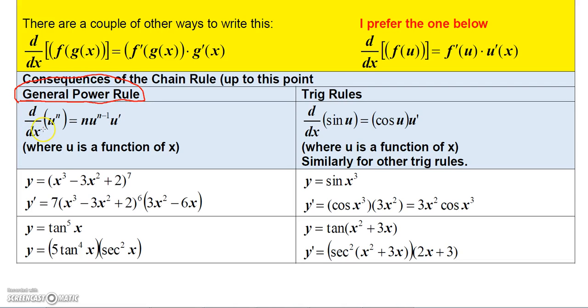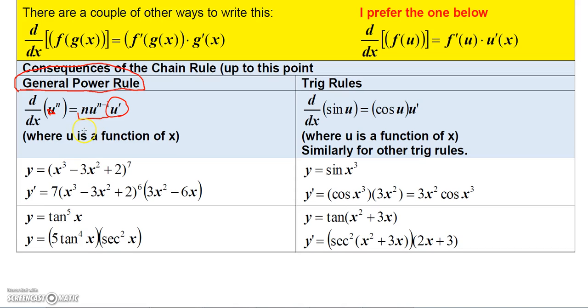Let's assume we have some function of x to a power, like u to the n. We can apply the power rule like we did before. It would be n times the function to the n minus 1 power. But then you have to remember to yank the chain, so you keep the chain going by multiplying by u prime, the derivative of the function.